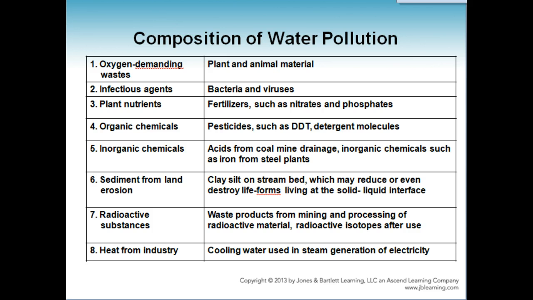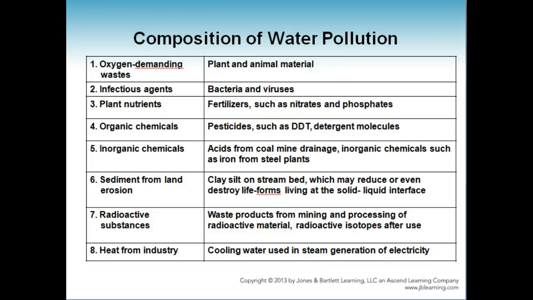Usually this comes from waste streams, either from animal waste or human waste, that get into water. There's organic chemicals like pesticides, herbicides, and detergents. And there's inorganic chemicals like acids from coal mine drainage, or all the metals that also leach out into the water system from acidified waters.